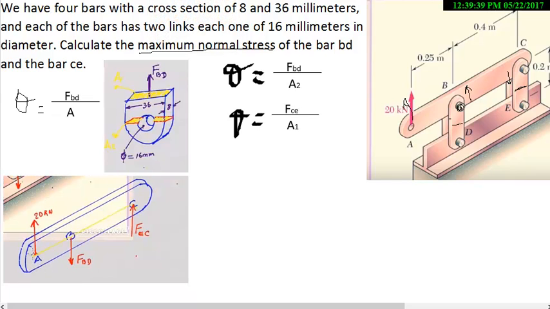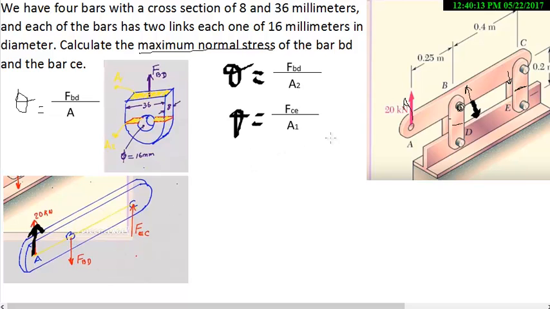We can see here the 20 kilonewton force upwards, and the force in BD is upward because of the tension, but because this is a balanced system, there is another force in this way, and that is the force that we have here.